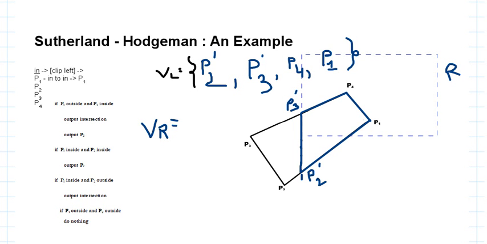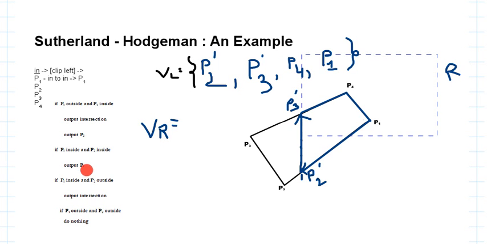Actually there are no intersection points with respect to the right edge, although point P1, that means the starting point, is inside, and point P2 dash, the end point, is outside the clipping window. So there is no newly generated intersection point, so you need not modify anything. Similarly, for the edge P2 dash to P3 dash, we have no intersection points, so no change. Again, P3 dash to P4, no change, and P4 to P1, this condition gets satisfied.